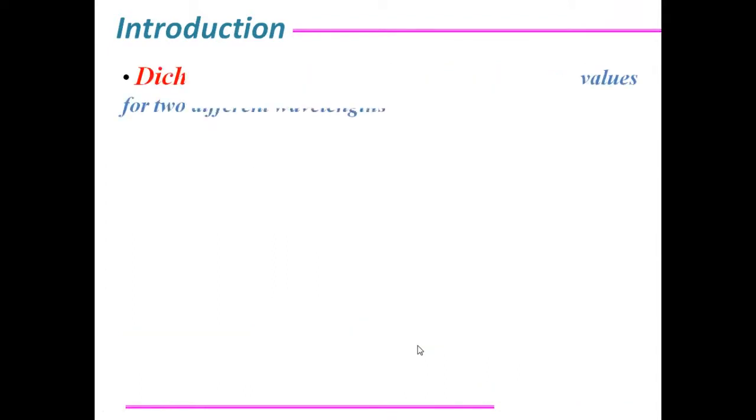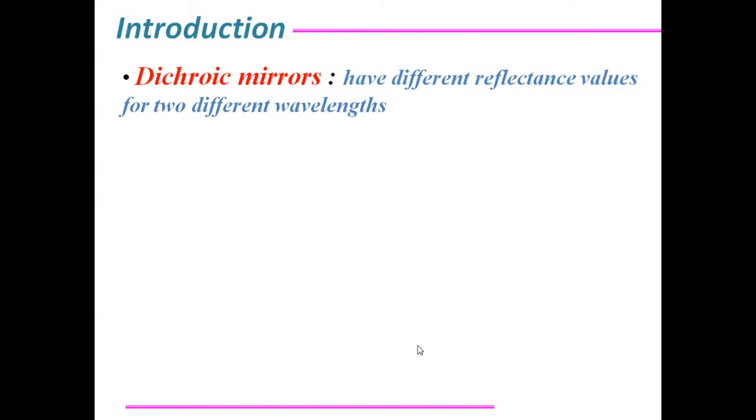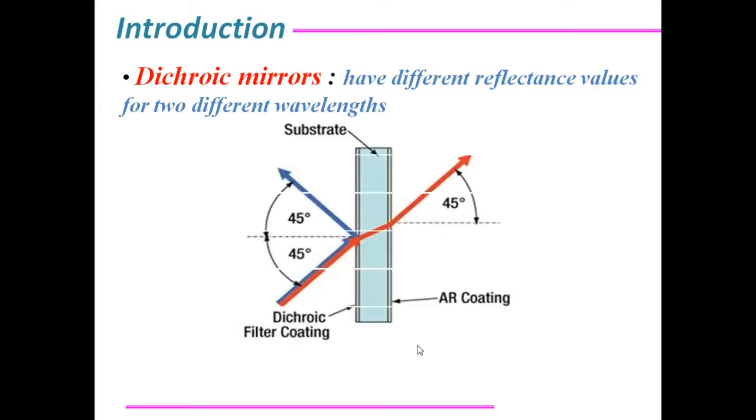Now more types, because mirrors can have different reflectance values for two different wavelengths. For example, here we have a mirror on a substrate, and here we have two different wavelengths, the shorter blue wavelength and the red. What does this mirror do?